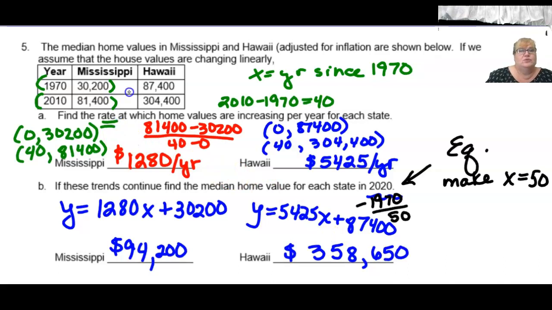Okay, so Hawaii started out more expensive for homes, and it has grown even faster, so that the difference between the two has increased.